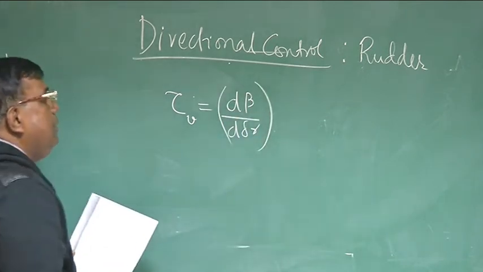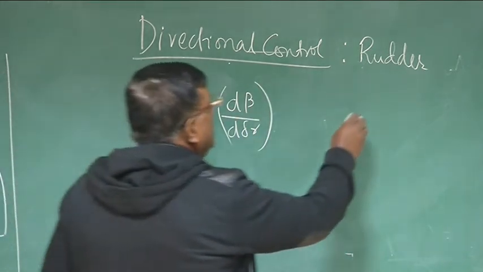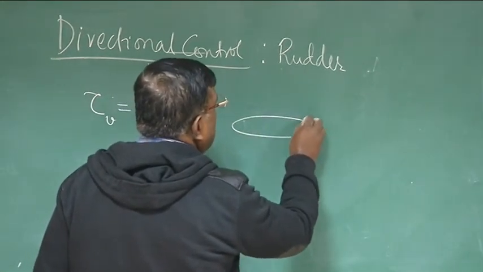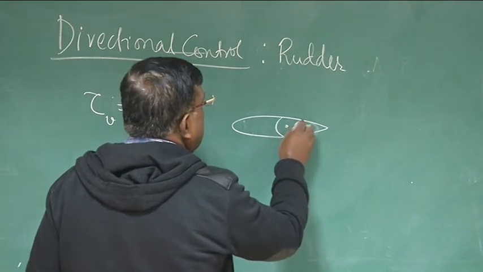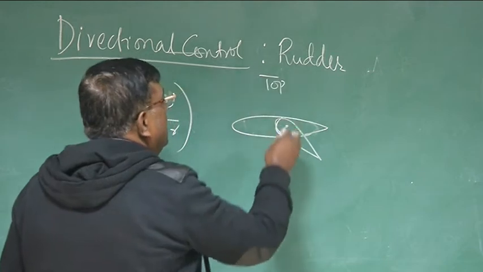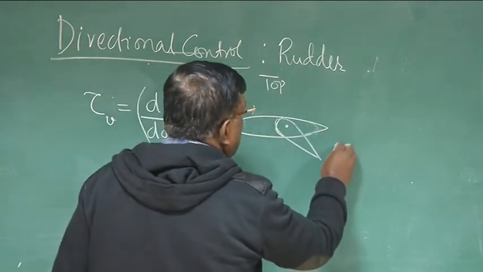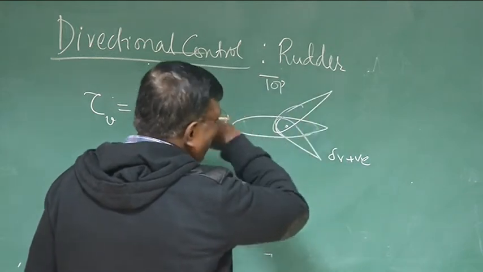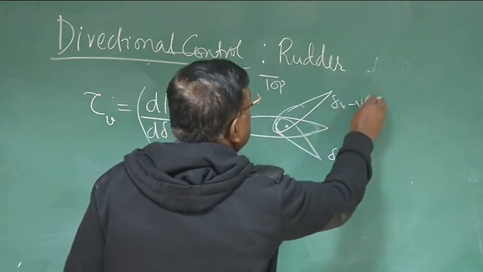So if I am deflecting the rudder, say I am looking from the top, as per the convention. Please understand, this is the positive delta r towards left, and this is the negative delta r. Let me explain this.